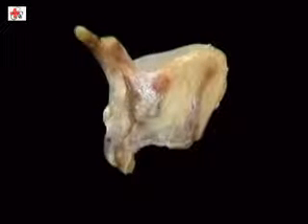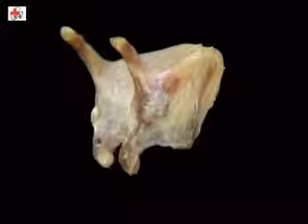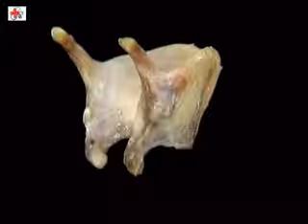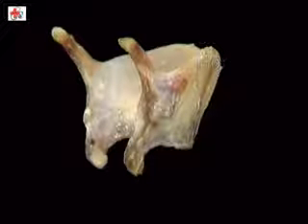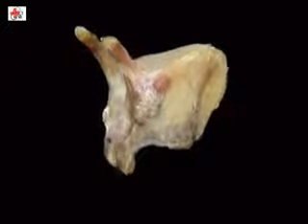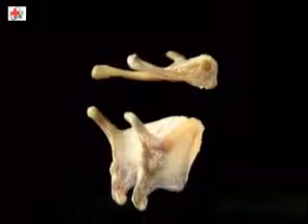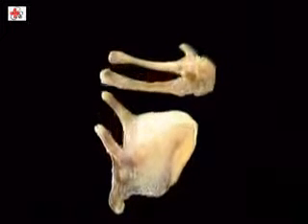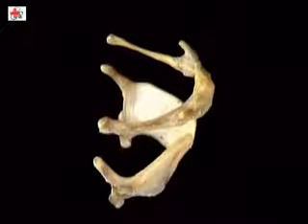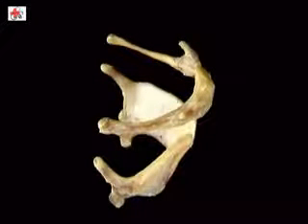The posterior border of each lamina is prolonged upward and downward to form two projections, the superior horn and the inferior horn. The superior horn points upwards and backwards, the inferior horn points downwards. The thyroid cartilage hangs directly below the hyoid bone. The upper border of the thyroid cartilage has the same curvature as the arch of the hyoid bone.